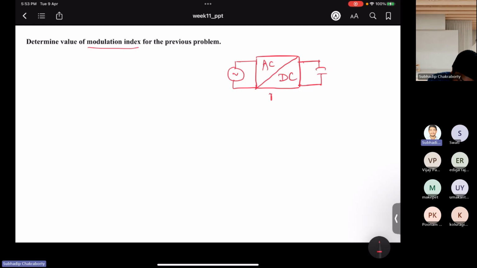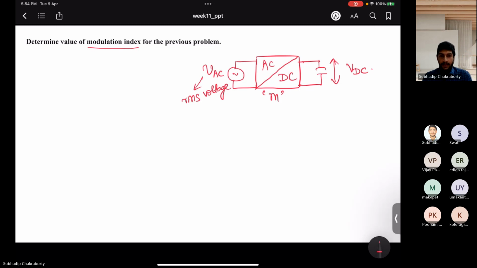If I say M is the modulation index, if this voltage is VDC and this is VAC, the RMS voltage, let's assume a single phase scenario for the time. Then the line to line voltage in an inverter, what is the peak AC voltage? That is the switch node voltage.